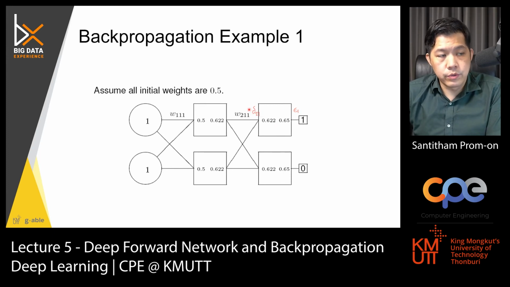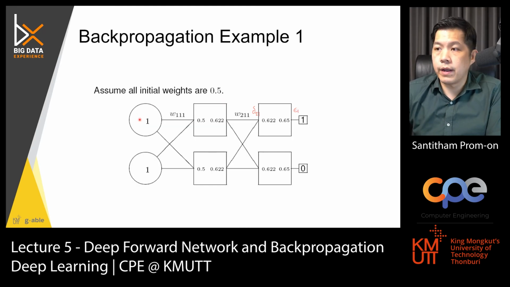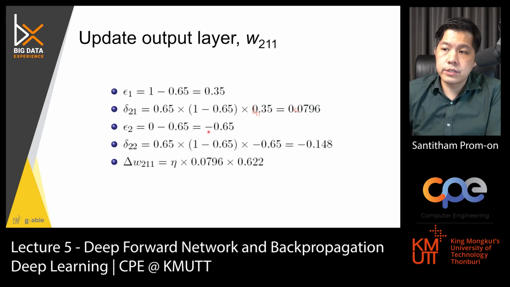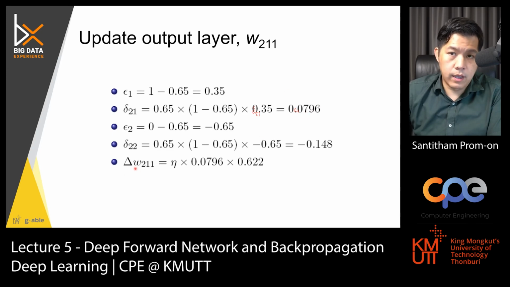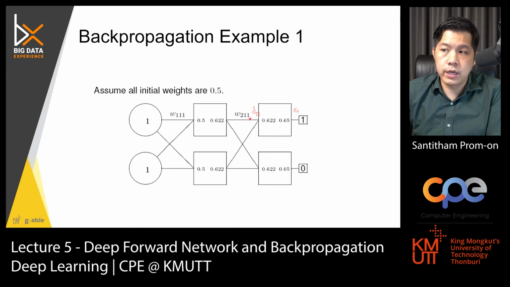Passing through the activation layer, this is the derivative. The activation layer derivative of the net multiplied by the delta gives you the delta before the activation function. But that's not all. Actually, we got this already. We can update the weight here, W211, because W211 is attached to this error, this delta.